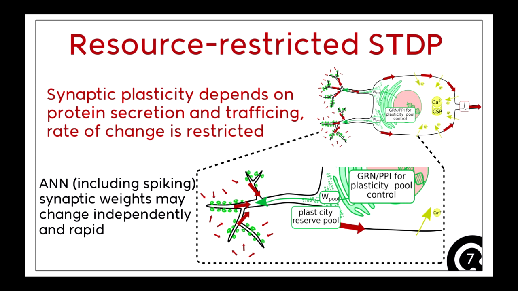So the real neural cells consist of different parts like dendrites and organelles and so on. And in order to grow synaptic weights, they need to have actual proteins delivered to these synaptic connections.